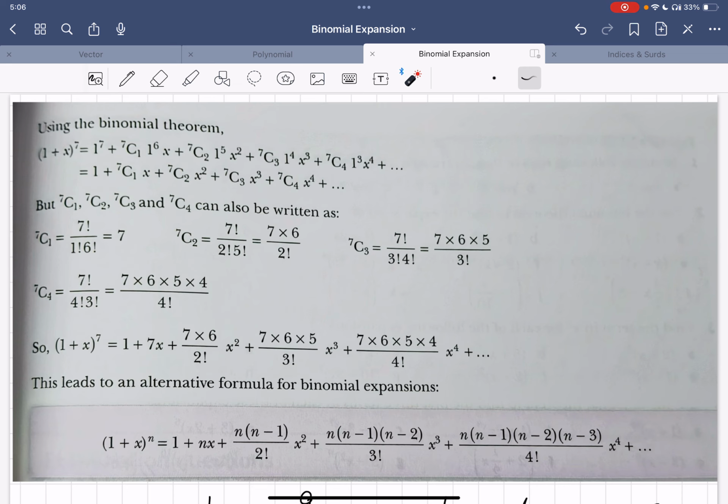How can we calculate that? 7 factorial divided by 1 factorial times 6 factorial. Let's find out the pattern. 7C2 equals 7 factorial divided by 2 factorial times 5 factorial. Can you realize a trend here?